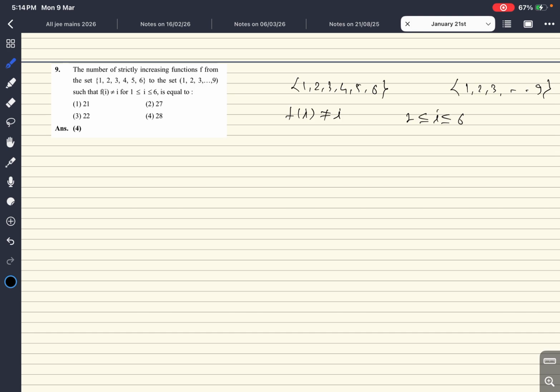Now f1 you cannot take, so how many values to take? 6. So you can subtract 1, and the answer will be directly 6 c 6. It is nothing but 8 into 7 by 2, 4 into 7, 28. Option number 4 is correct.